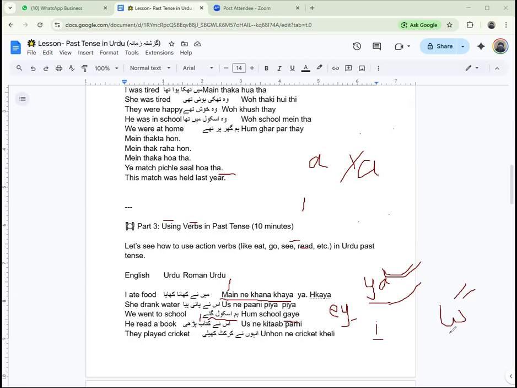If we use the action verb gaya, वो स्कूल गया. If we change the sentence, हम स्कूल गए becomes वो स्कूल गया. He went to school. मैं स्कूल गया.